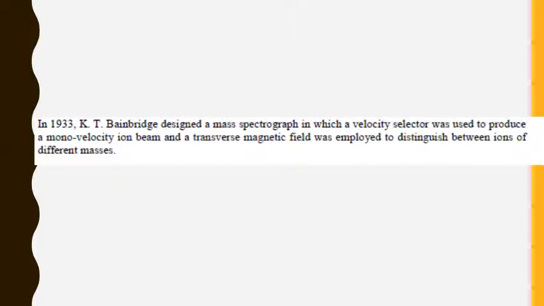In 1933, K.T. Bainbridge designed a mass spectrograph in which a velocity selector was used to produce a monoenergetic velocity ion beam. And then he used a transverse magnetic field to distinguish between ions of different masses. Basically, it consists of two compartments. One is the velocity selector, which we will discuss here, and the second is where only a transverse magnetic field is applied, by which ions of different masses are distinguished.